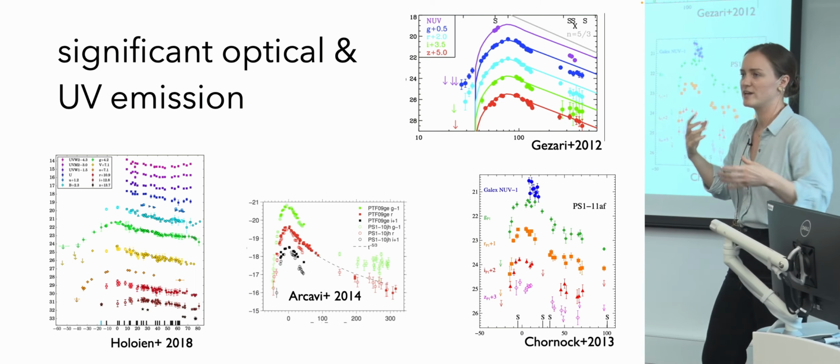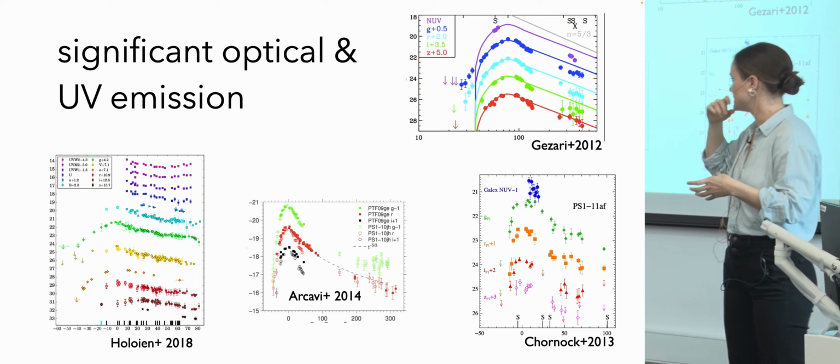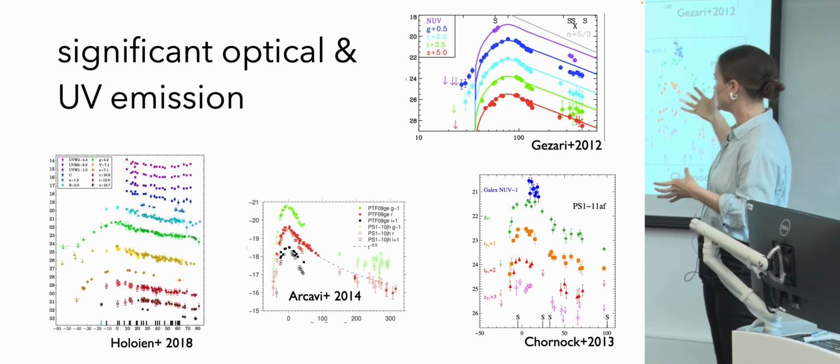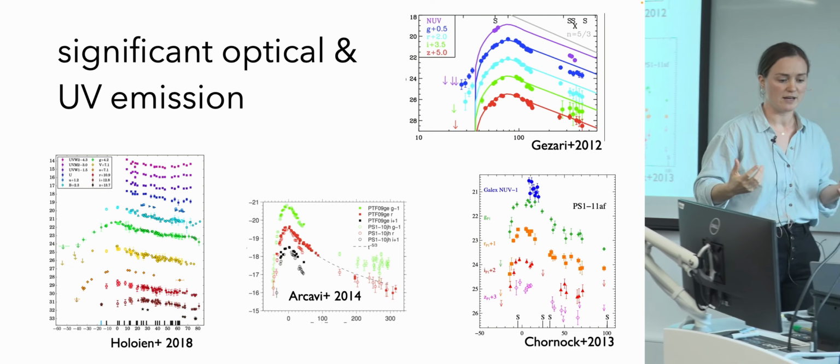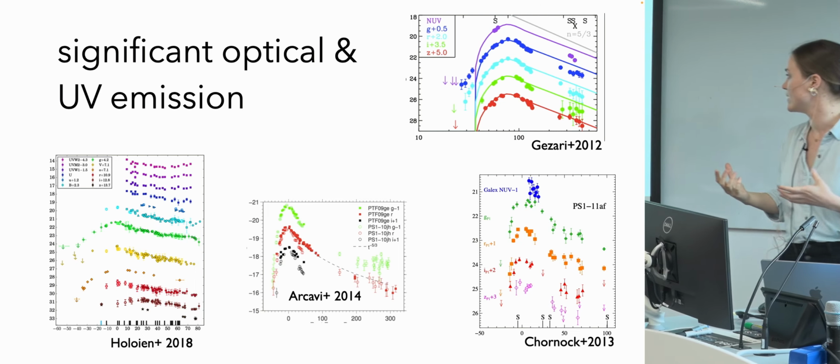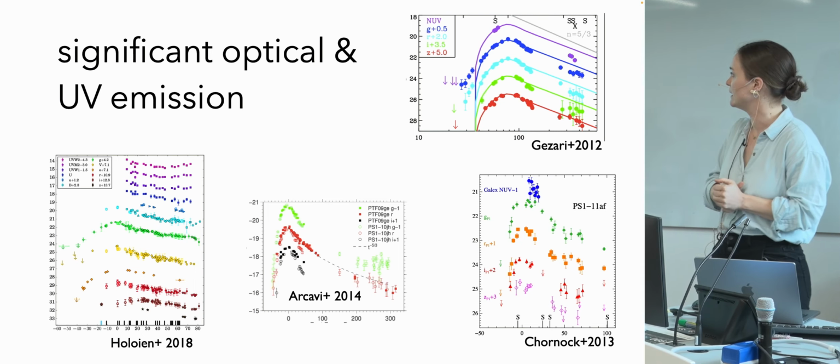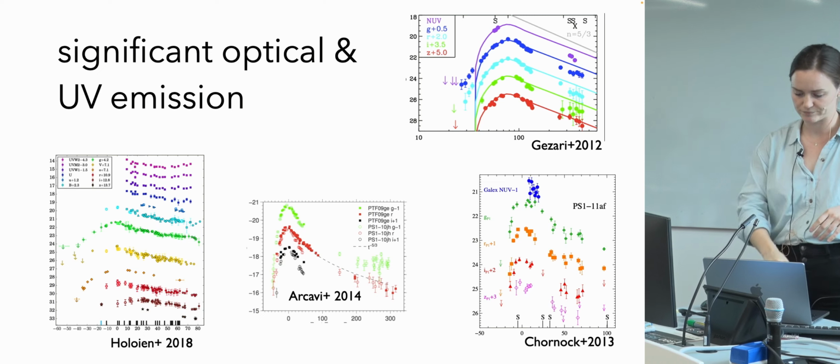And so if you think of an AGN being bright in the X-rays, that's kind of what people are expecting here. But in fact, many of these events you don't see any X-rays for, and they're completely dominated by UV and optical emission.